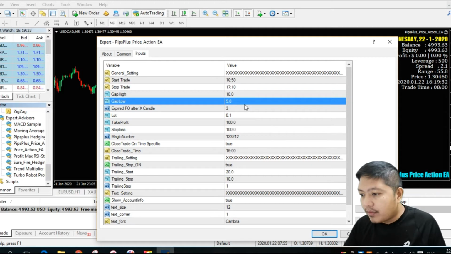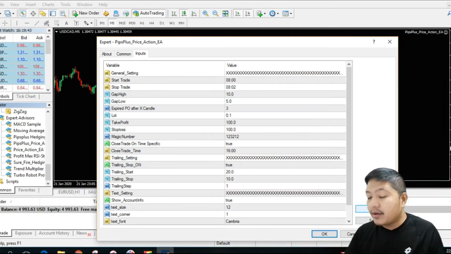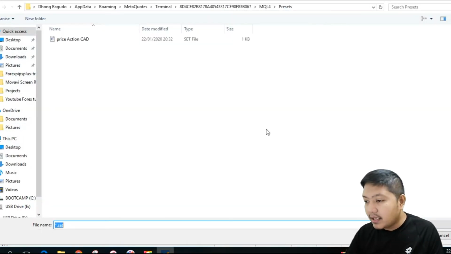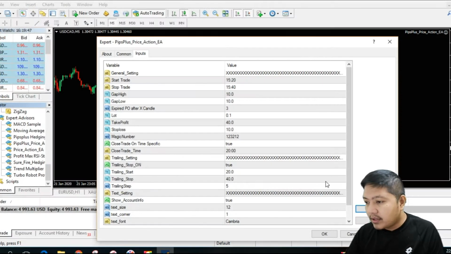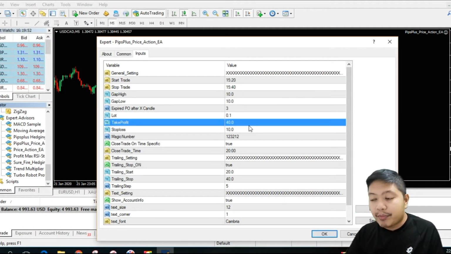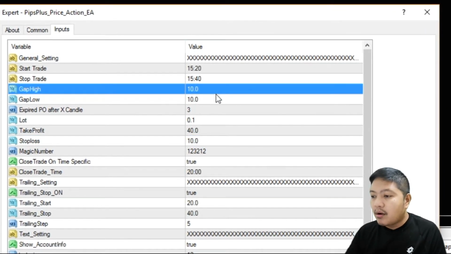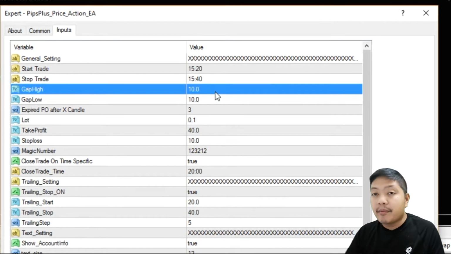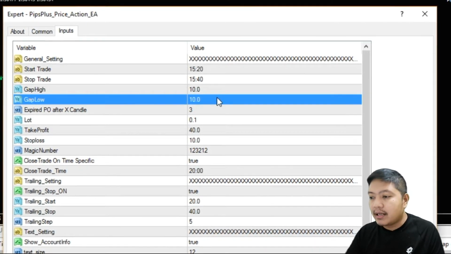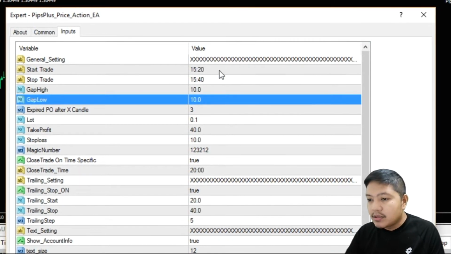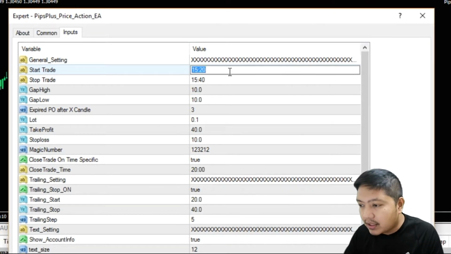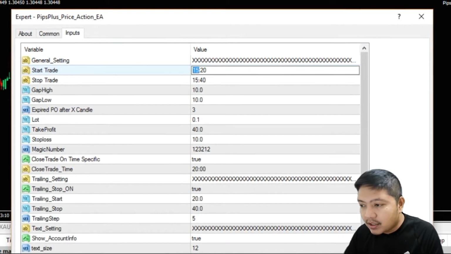So actually I would just load up my settings here. All right, and these are my settings. I want a profit of about 40 pips and a stop loss of about 10 pips, right? So I will be opening the trade with a buy stop 10 pips away and a sell stop 10 pips away as well. I will be changing the time here. It's now about 16:20.